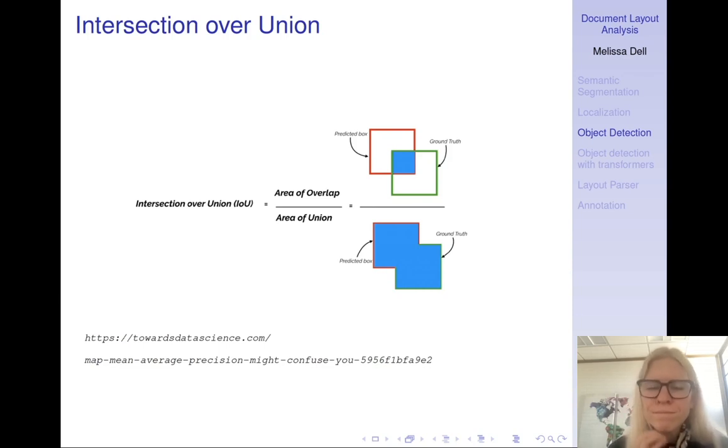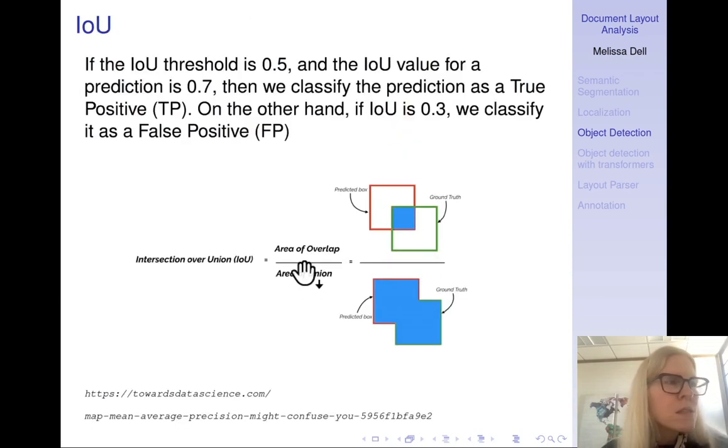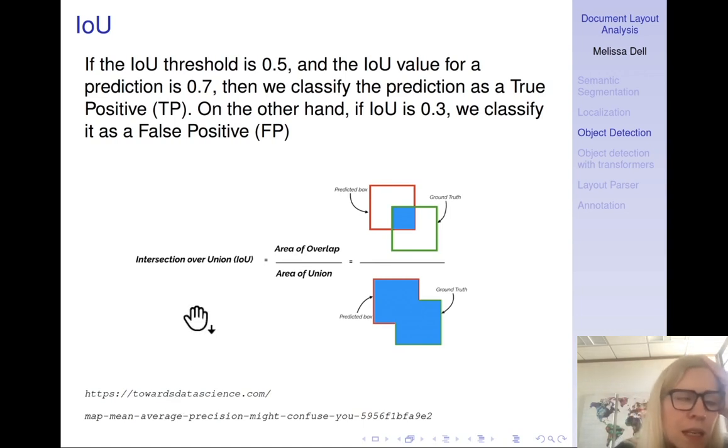Because you have to determine how much your proposal needs to overlap with the ground truth in order to count as correct. And so if the intersection over union threshold is 0.5 and the intersection over union value for a prediction is 0.7, then we classify that prediction as a true positive. On the other hand, if it was 0.3 and our threshold is 0.5, we would classify it as a false positive.